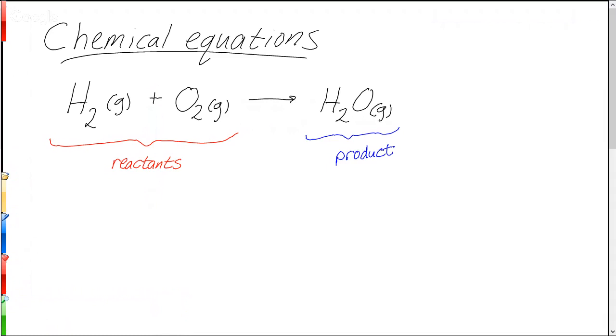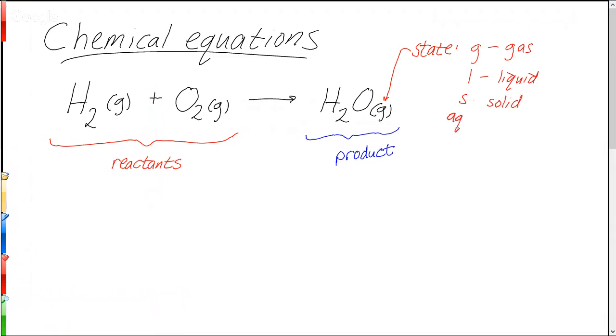So that's something that we can see from the chemical equation. What we start with, what we end with. Another thing we can see is the states of the reagents, which is what's given in that little parentheses here. So we've got G for gas, L for liquid, S for solid.